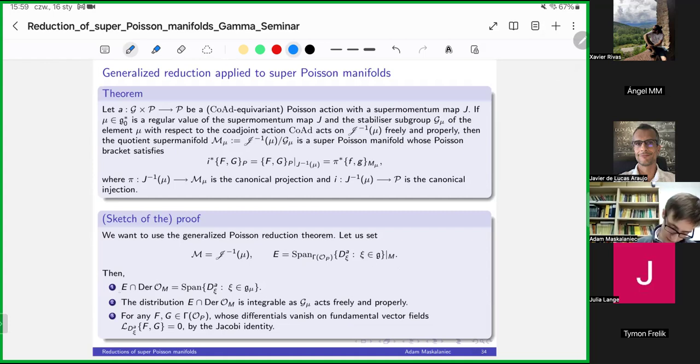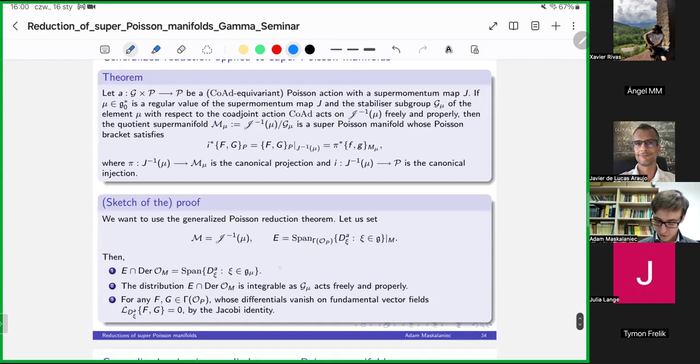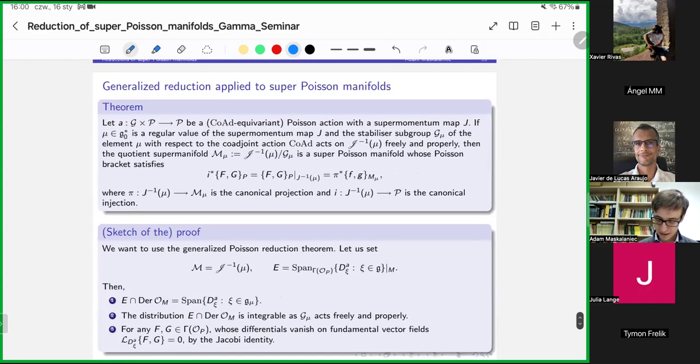Then the intersection of E with derivations of M is spanned by the fundamental vector fields that correspond to elements of the superalgebra of the stabilizer subgroup G mu.